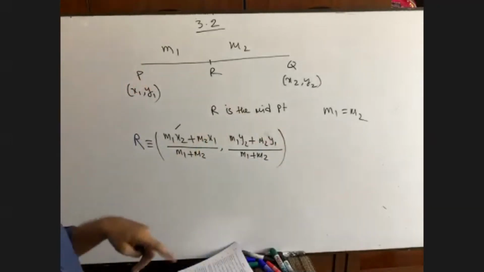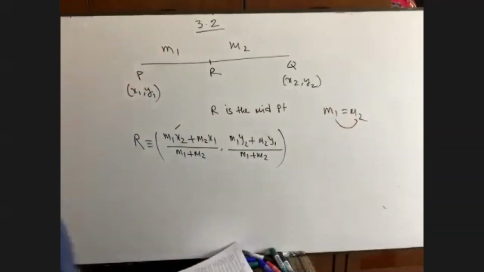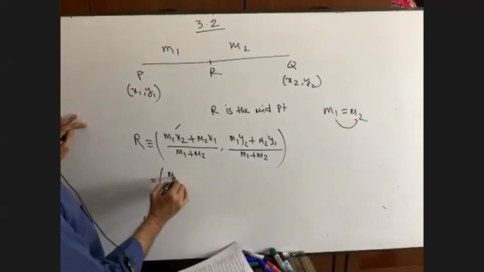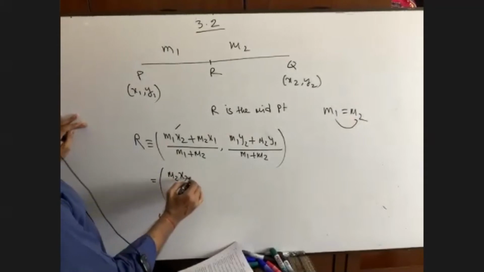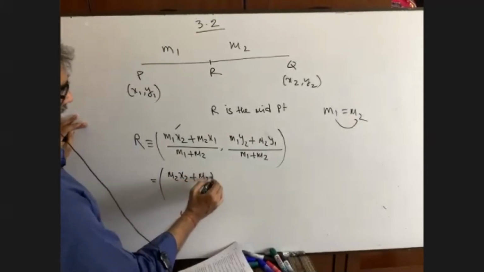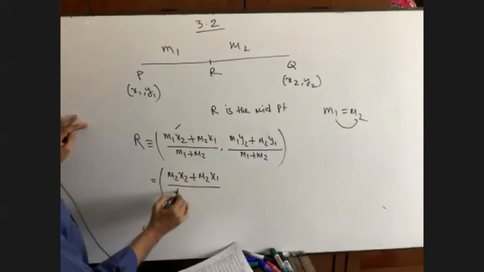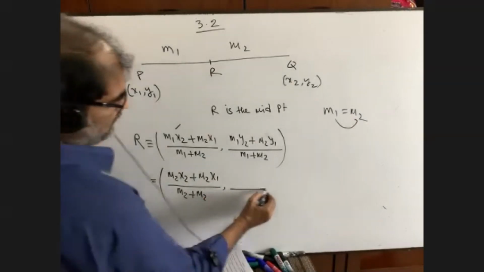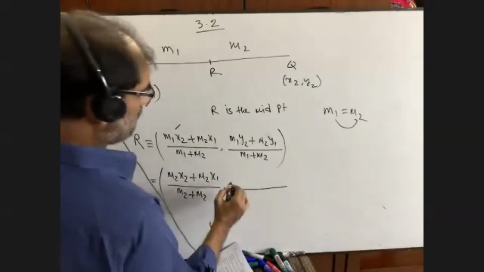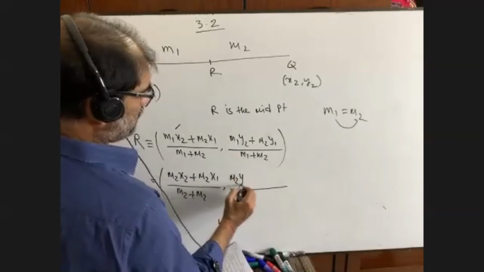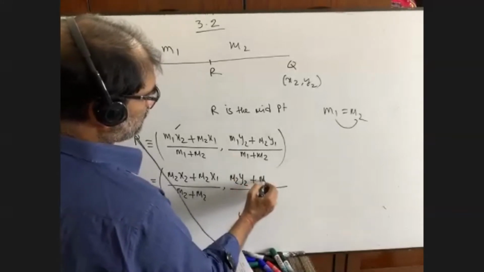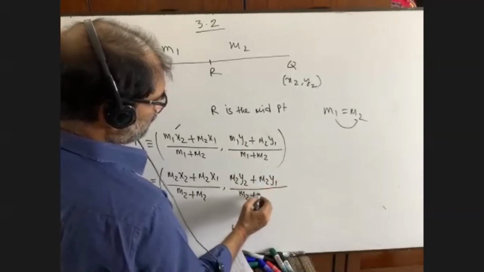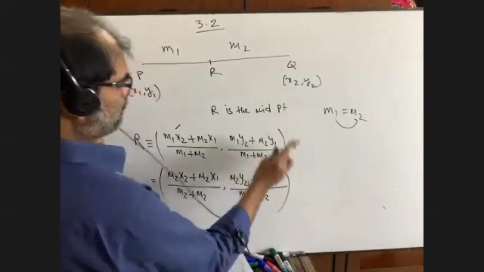Now you put M2 for M1. For M1 I'll put M2. M2 x2 plus M2 x1 by M2 plus M2, comma, M2 y2 plus M2 y1 by M2 plus M2. Please try to understand.